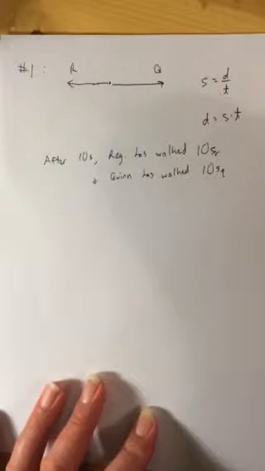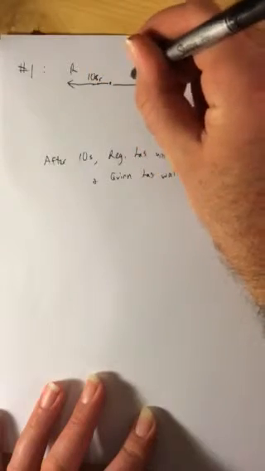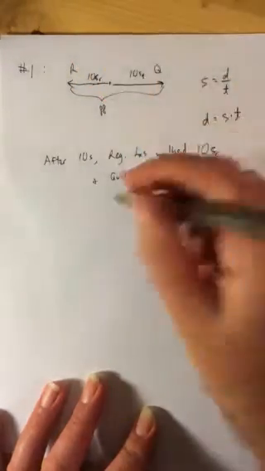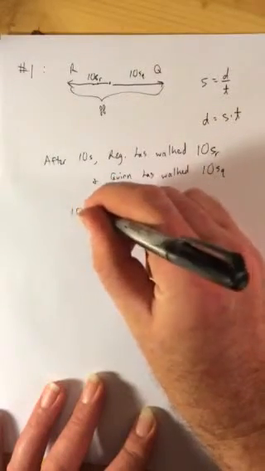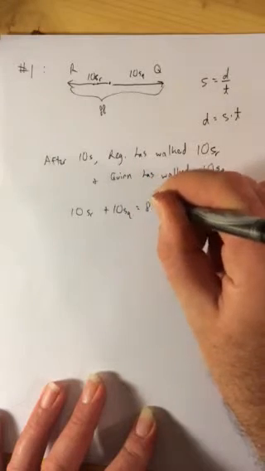All right, so what do we know about that? We know the distance between them is 88, right? So if I've got 10 times SR and 10 times SQ, I know that whole distance is 88. So 10 times SR plus 10 times SQ has got to be 88.